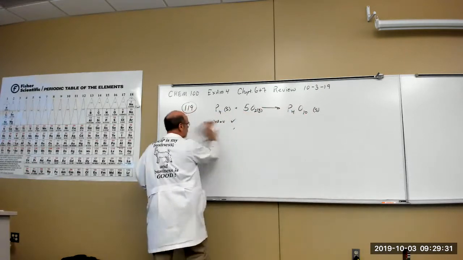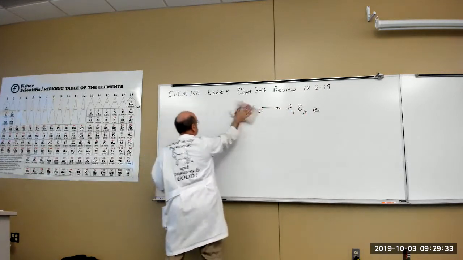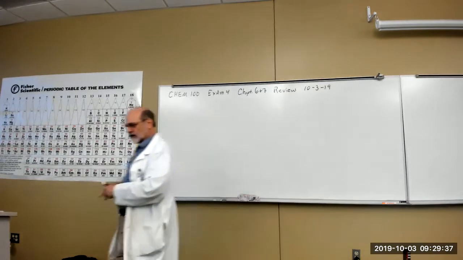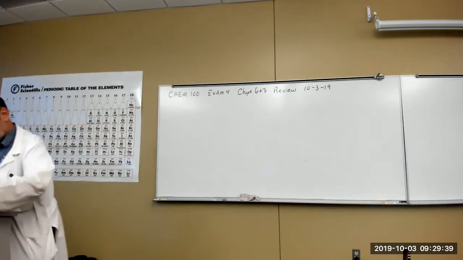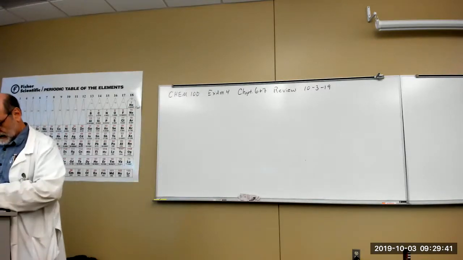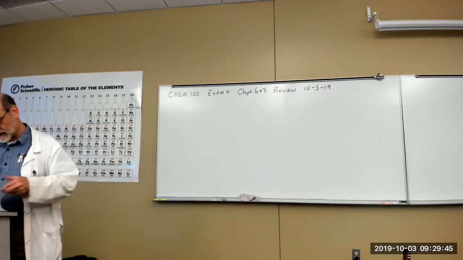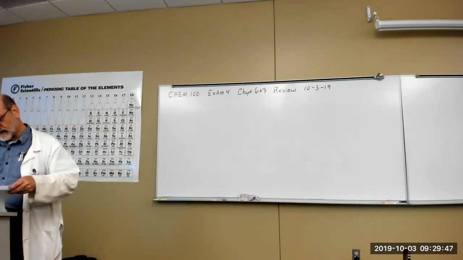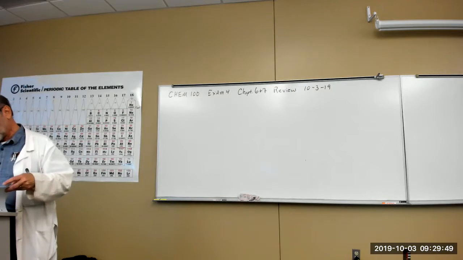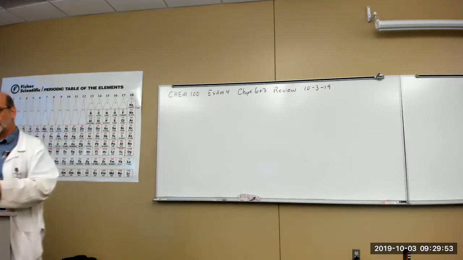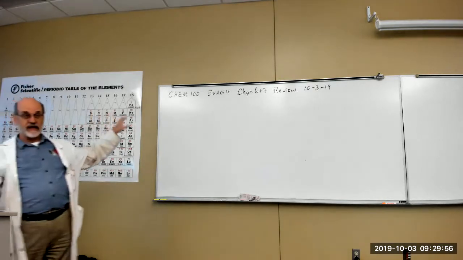Okay. Any others, in the process of doing all this stuff, any other questions that popped up? Just be sure you can balance equations. It's very important for this exam. Identify the equations. We went over a biggie. Right?